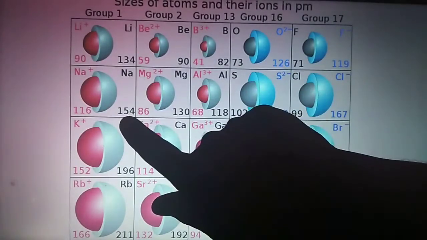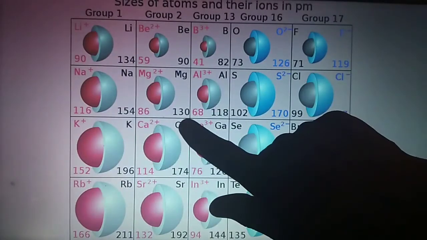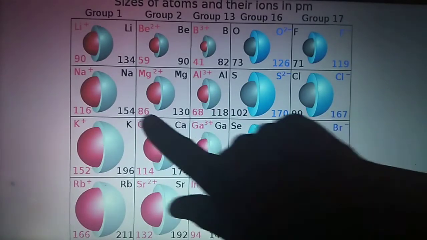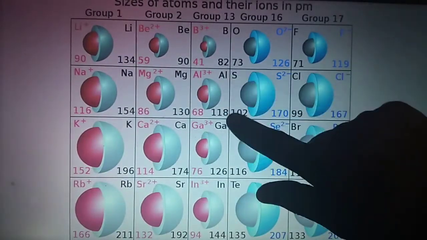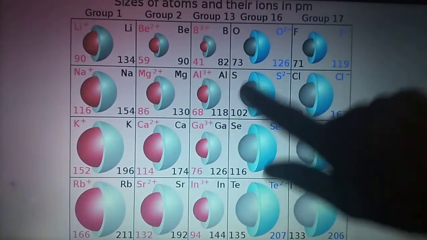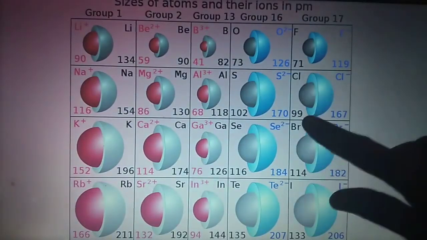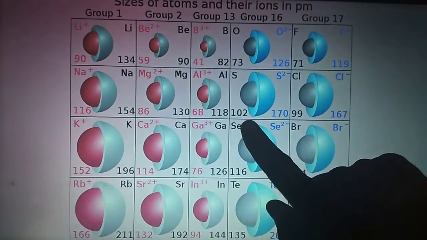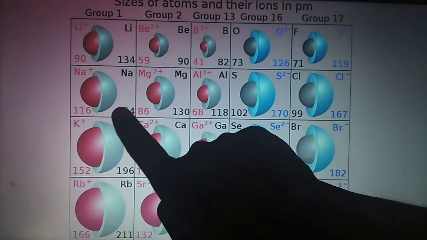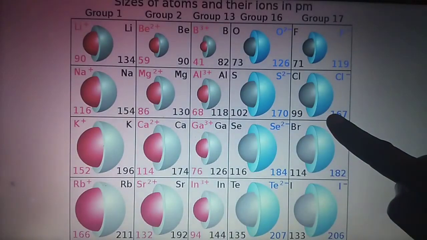Sodium 154, magnesium 130. Observe all the black numbers, right? Aluminium 118, sulfur 102, chlorine 99. And we observe that 154, 130, 118, 102, 99, the atomic size decreases along the period.